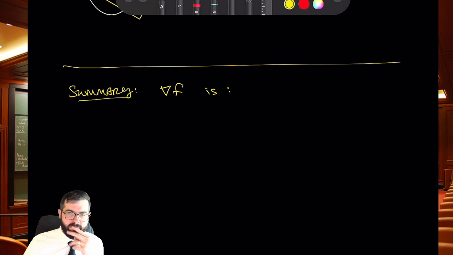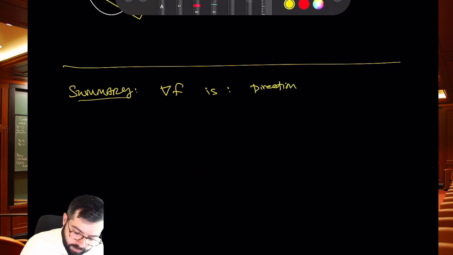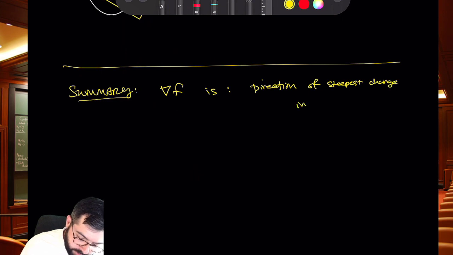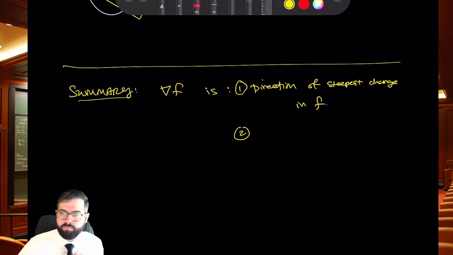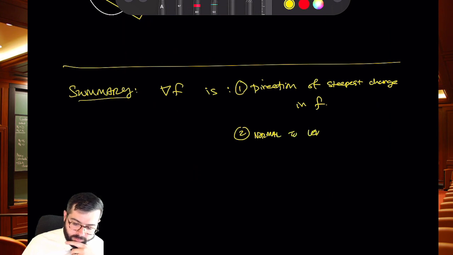Direction of steepest change. That's one. Direction of steepest change or maximal change in F. It's normal to level surfaces of F.